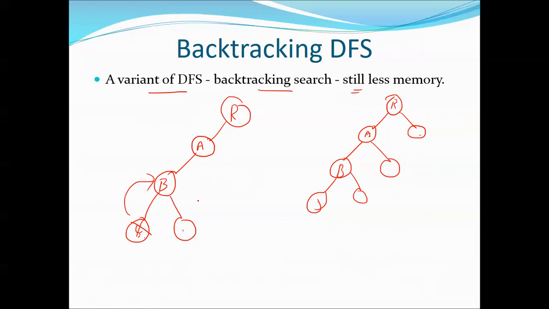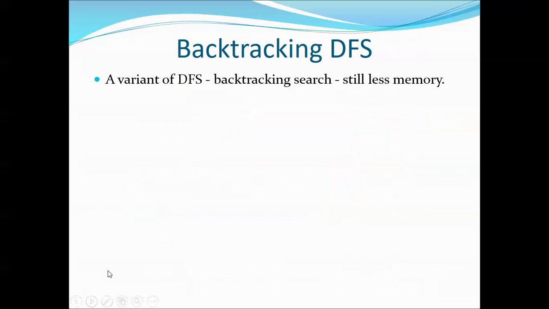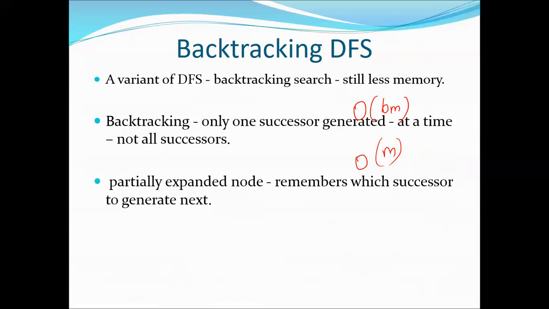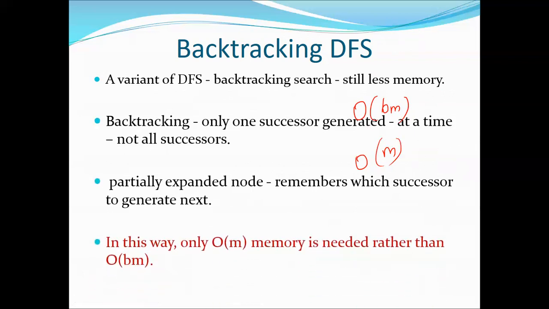So this algorithm further reduces the space complexity. For normal DFS, the space complexity is order of Bm, whereas for this algorithm, it is only order of m, where m is the maximum depth.